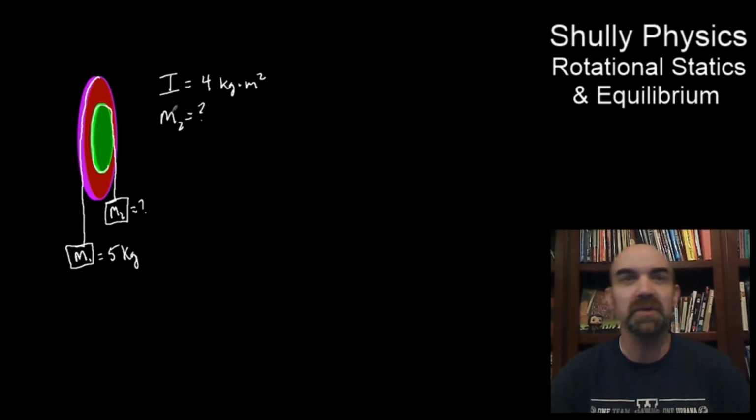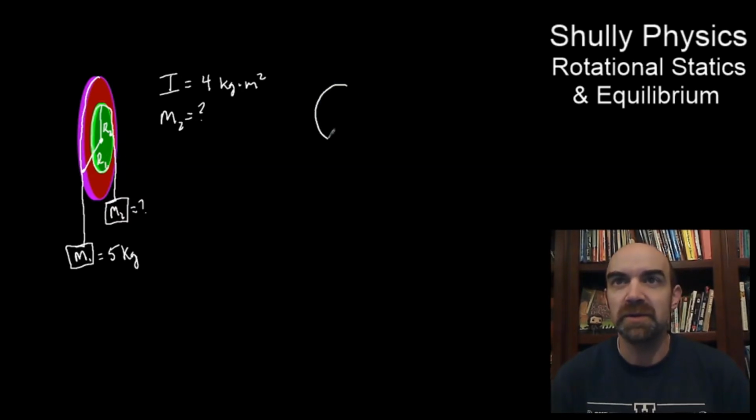Now a couple other things we need to know are the radii of these disks. So if we looked at these head on, we'd probably more easily see this, but I'm going to label this as R2 out here, and we'll label this radius out to this edge as R1. So looking at this directly in, we'll have an outer disk and an inner disk, and they both share the same axis.